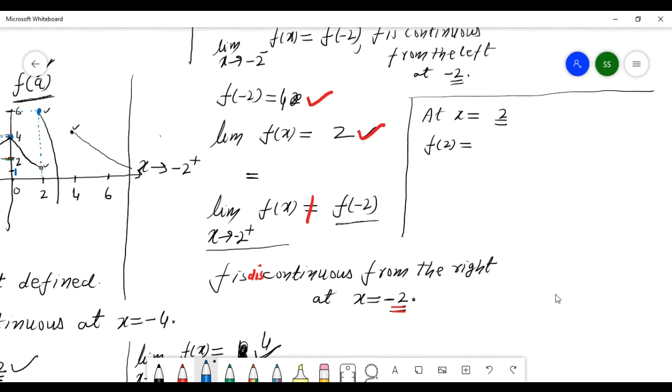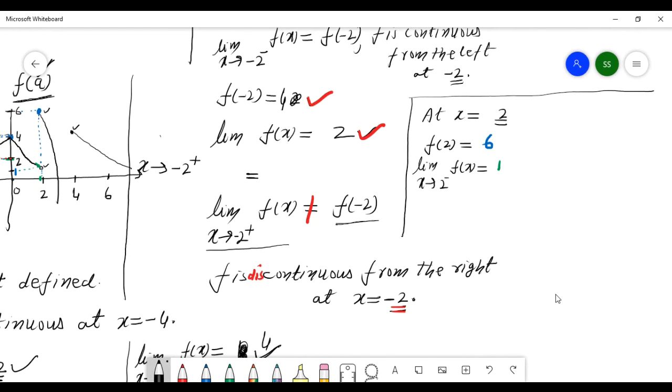So f of 2 equal to 6, right? Now find the limit, left limit and right limit. Limit x goes to 2 from the left of f(x). From the left it is coming at this number 1. So this equal to 1.